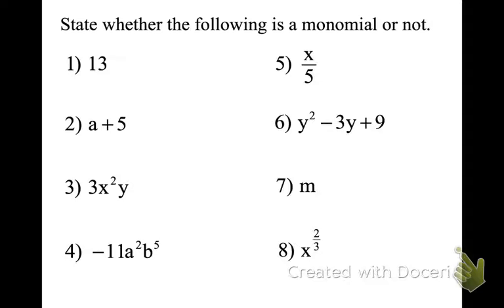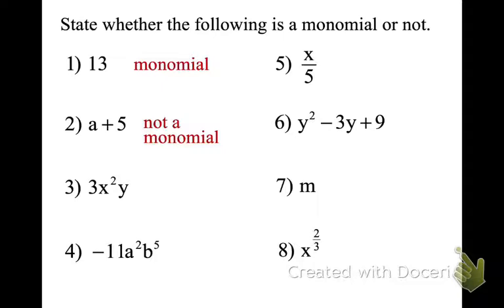Number 1 is a monomial because it's one term. It's numbers and or variables. Number 2 is not a monomial because there are two terms separated by a plus; one is one term, 5 is the other. Once you start separating by plus or minus, you get into more terms.